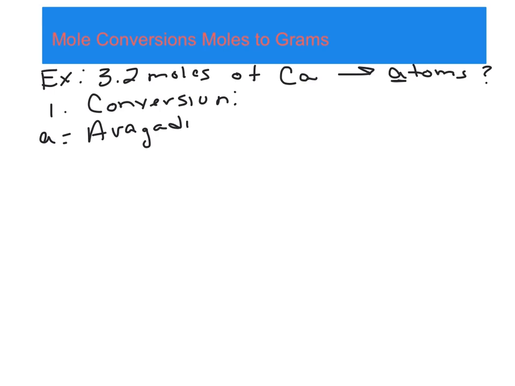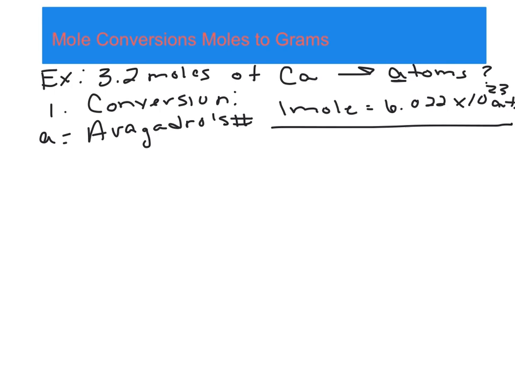So I know that 1 mole is equal to 6.022 times 10 to the 23rd atoms. That's my conversion factor right there.